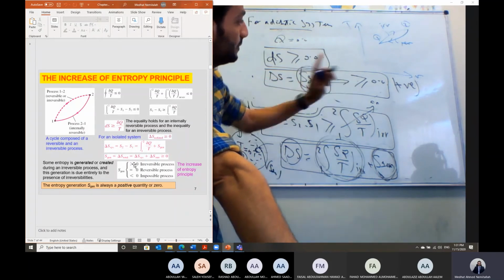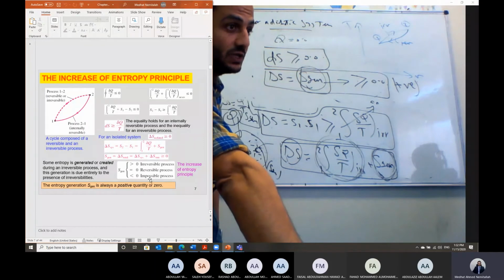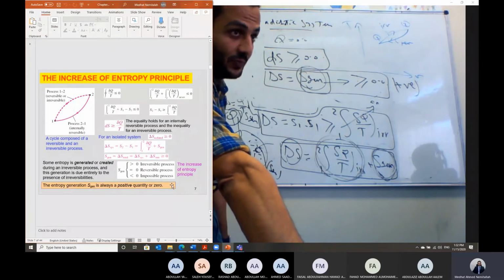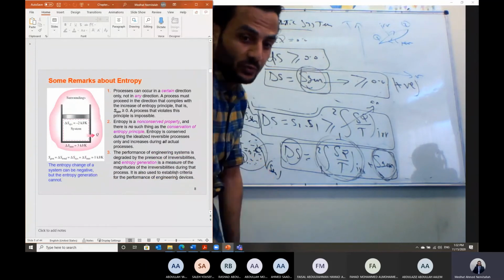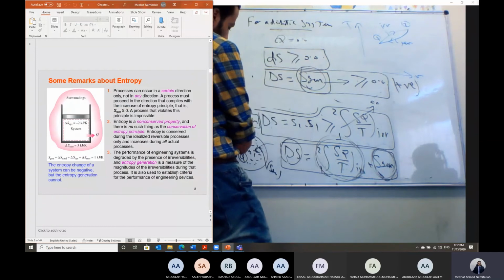But it is always greater than 0 in the case of an irreversible or actual system. It is impossible to have a process in which the entropy generation is a negative value.